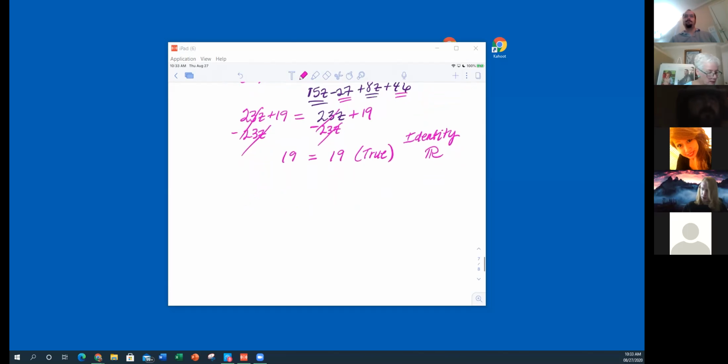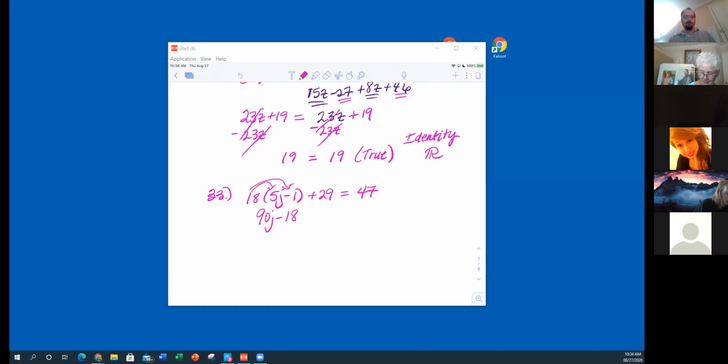And then one like 33, we have 18 times 5j minus 1 plus 29 equals 47. So I'm going to distribute the 18, and that gives me 90j minus 18 plus 29 equals 47.